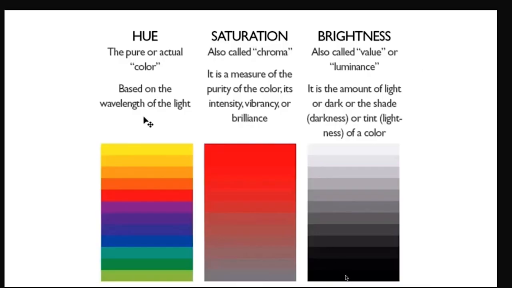If I add black to my red, I am shading it and making it darker. If I add white to my red, I am tinting it and making it lighter. In this case, adding white's going to make it brighter. Adding black is going to make it darker. So the reason that I bring this up is because we have filters inside of Photoshop that handle things like hue, saturation, and brightness. Let me show you.